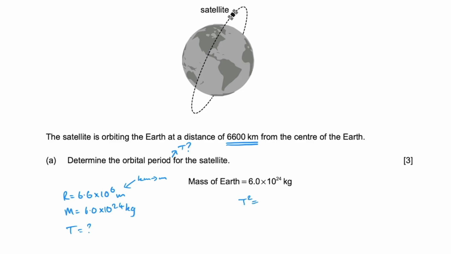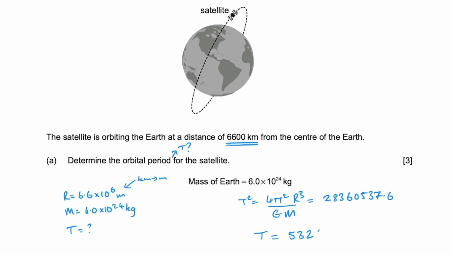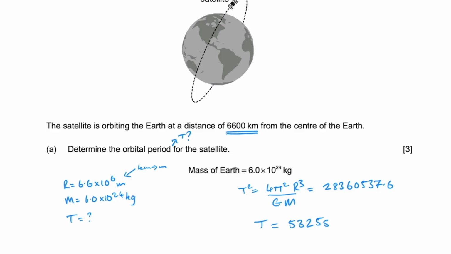T squared equals 4 pi squared r cubed over GM, and we have the radius, we have the mass, everything else is a constant. So we pop all those numbers in, and we come up with T squared equals 28360537.6, to give us a value of 5,325 seconds. Let's put it down to two significant figures.